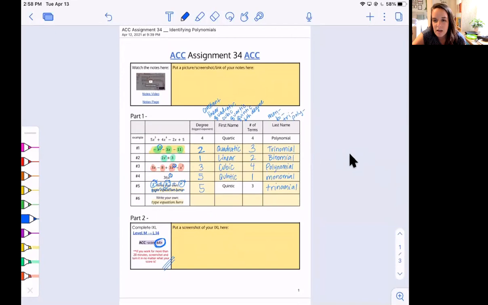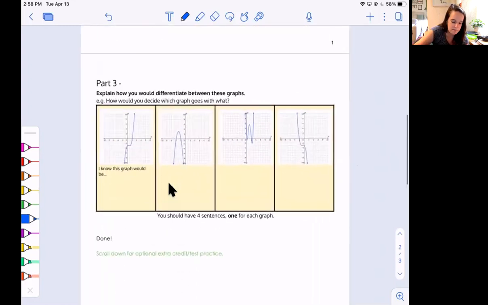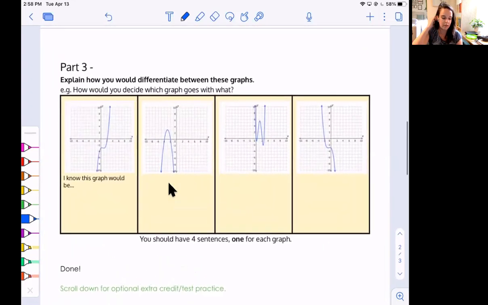Angie, for which part? How should you answer it? Part 3. Oh, great question. For part 3, for example, I see this one looks like x to the third. It's the shape.